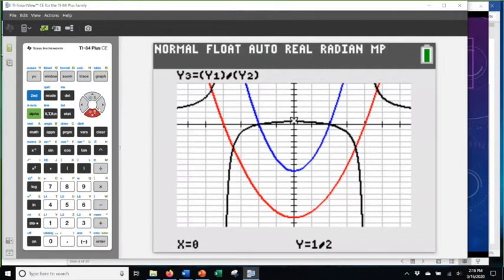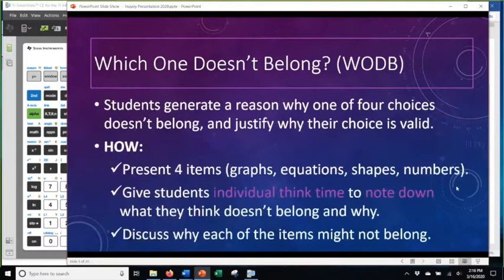Moving along, our next strategy is called Which One Doesn't Belong? Students generate a reason why one of 4 choices doesn't belong and justify why their choice is valid. The way you do this is you present 4 items to students. They could be graphs, equations, shapes, numbers, and give students individual think time to note down what they think doesn't belong and why, and discuss why each of the items might not belong.